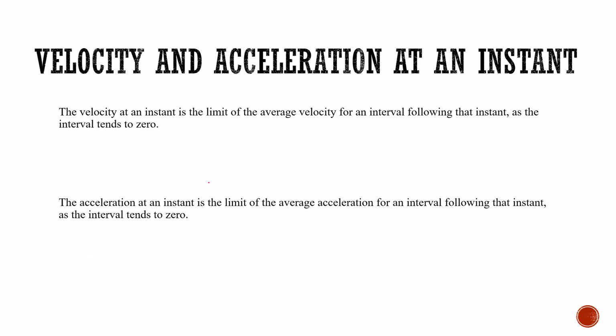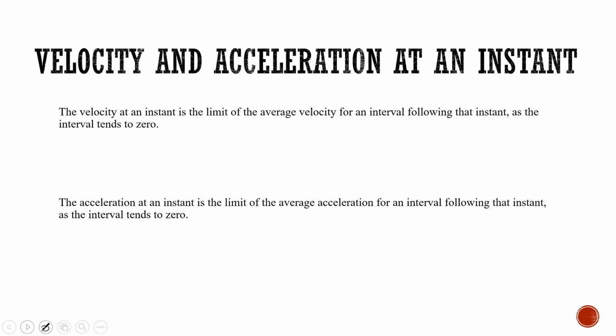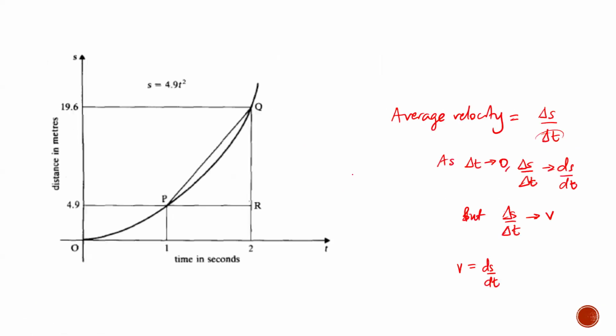The velocity at any instant is defined as the limit of the average velocity over an interval following that instant, as the interval tends to 0. Here the interval is delta t.